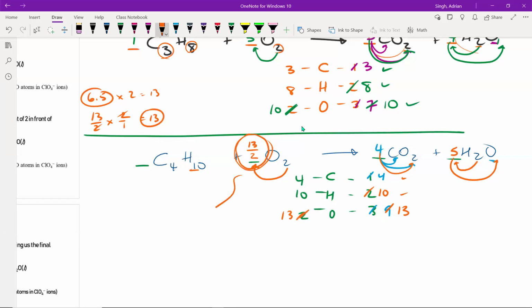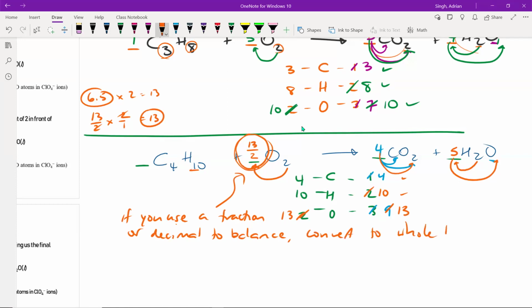And I can use it to balance the O's to begin with. However, and again, this is a strategy, if you use a fraction or decimal to balance, then you need to get rid of it. I need to convert it to the smallest whole number possible. So convert to a whole number at the end.